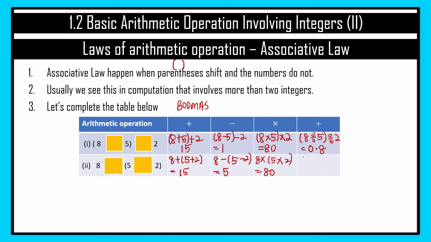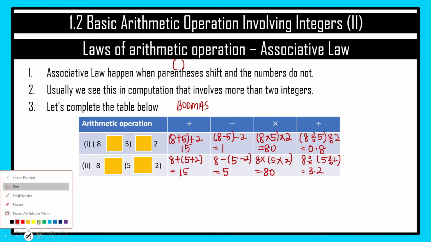Last one is 8 divide with bracket 5 divide 2. Alright, so we're going to do the bracket first, which is 5 divide 2. You get 2.5. And then 8 divide with 2.5, which is 3.2.